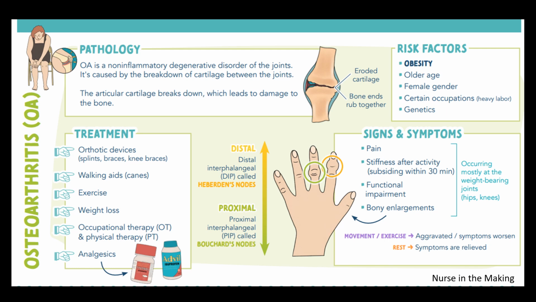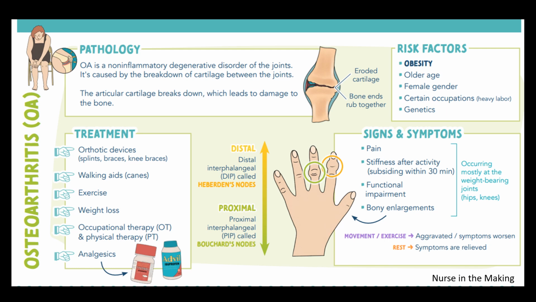Patients typically experience more pain with activity, which improves with rest. That's classic for osteoarthritis: more pain with activity that improves with rest. The nurse may identify the following: unsteady gait, bony enlargements, or swelling of the affected joint.